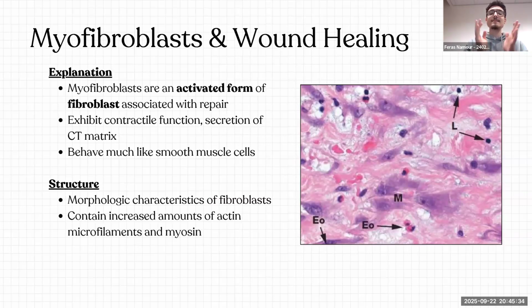It takes part in repair and the entire wound healing process. So whenever I have an injury, a cut or anything, my body wants to repair itself. It's going to call out fibroblasts, they differentiate into myofibroblasts, and then I'm going to carry out wound healing. It's going to be a big focus in second year. For now, just know the basic idea.